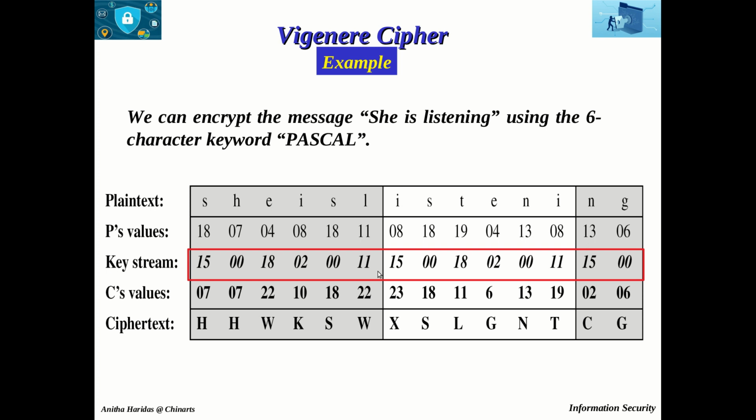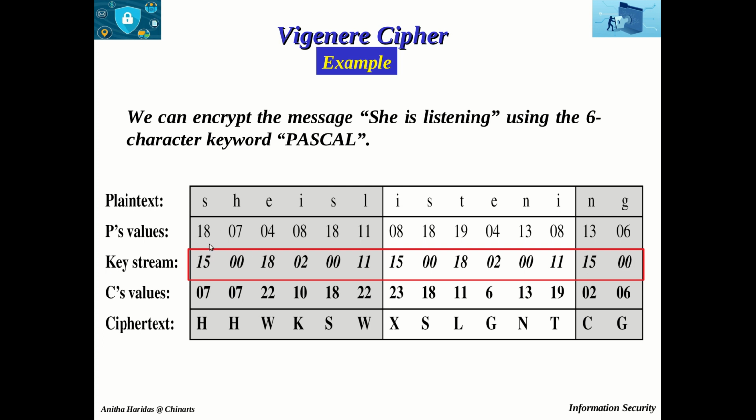Then as usual, it becomes something similar to your additive cipher. So, the plain text value will be taken. These are the corresponding integer values for the plain text. All the plain text integer values will be listed, and this is the key stream. You can observe here the first 6 characters will be added with the key stream. Then it is repeated again for the second set, and again for the third set, and so on.